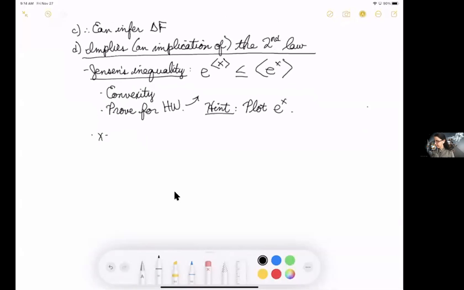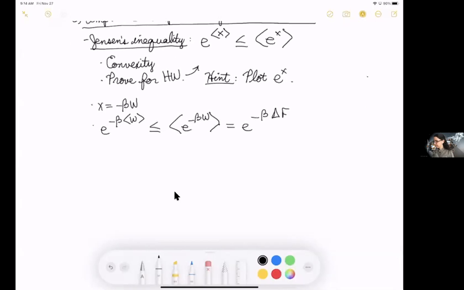Let's let x equal negative beta w. Jensen's inequality tells us that e to the negative beta times the average of w is less than or equal to the average of e to the negative beta w, which we know from Jarzynski's equality is e to the negative beta delta F.